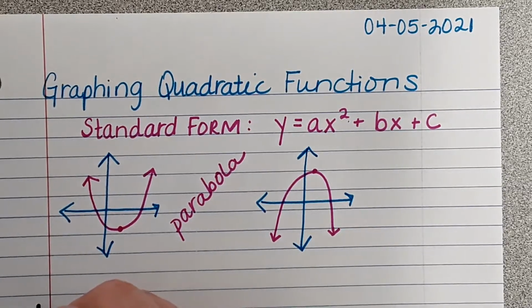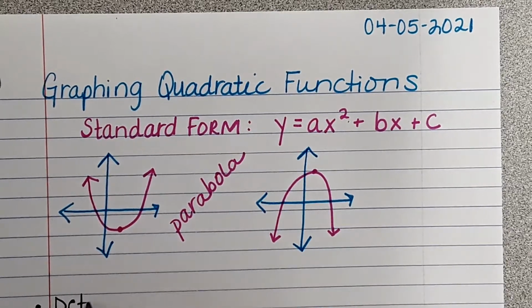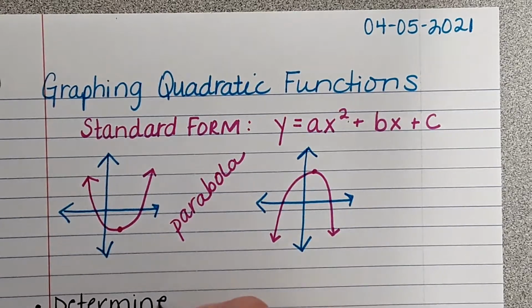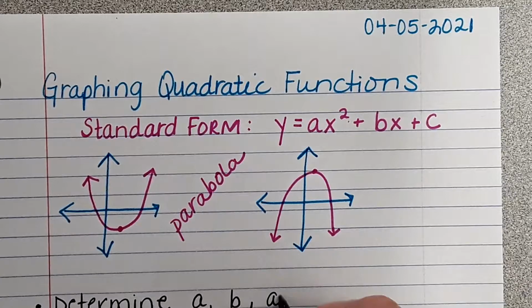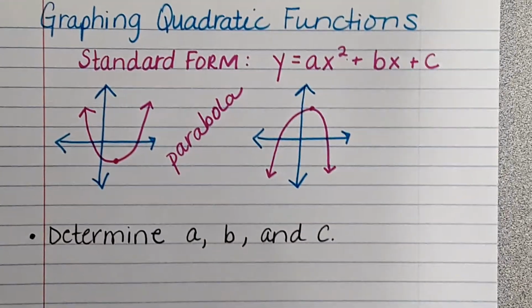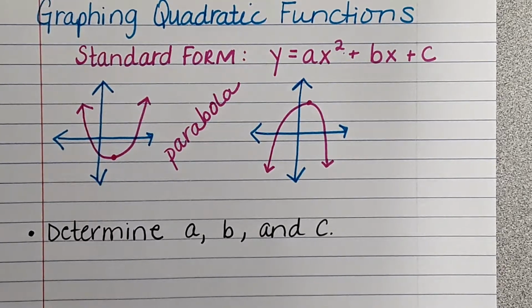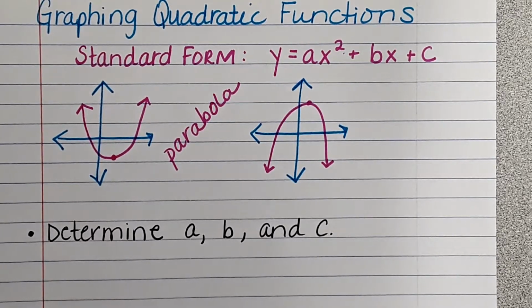Step 1. The first thing you need to do is determine A, B, and C. So that seems familiar to what we were doing, right? Haven't we been defining A, B, and C all along? So again, we have to define A, B, and C.